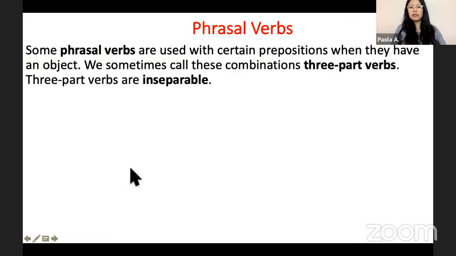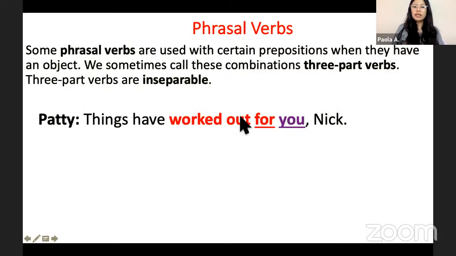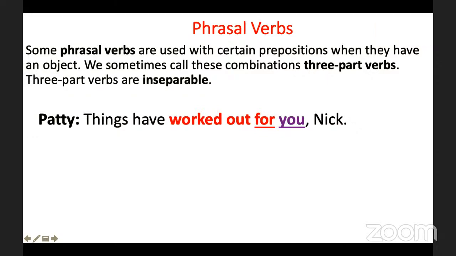So sometimes there are 3-part verbs. I don't use just 2 words for phrasal verbs. I use 3. So this is an example. Let's see, could you read this example? Things have worked out for you, Nick.